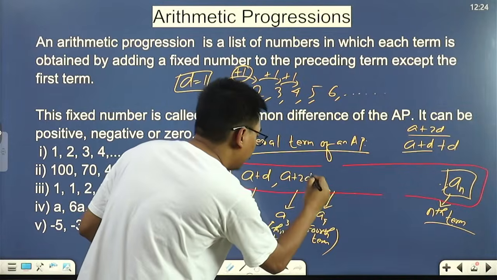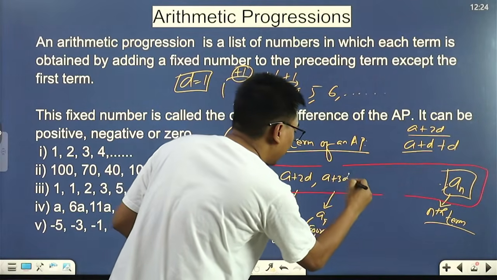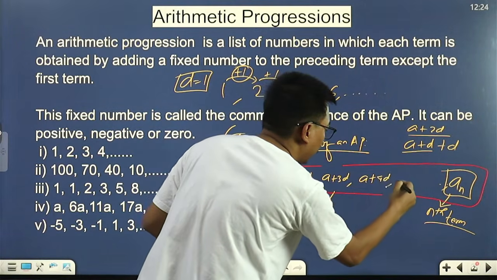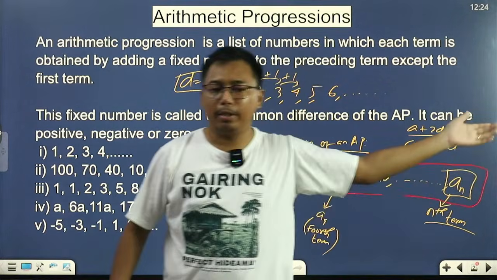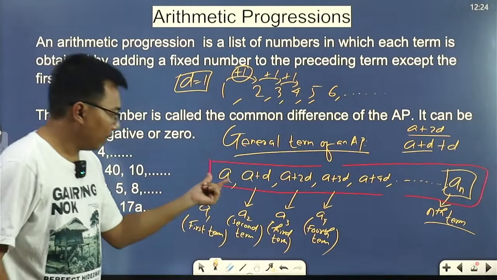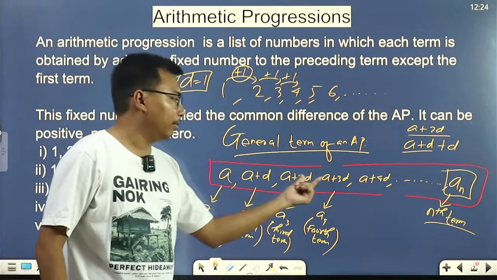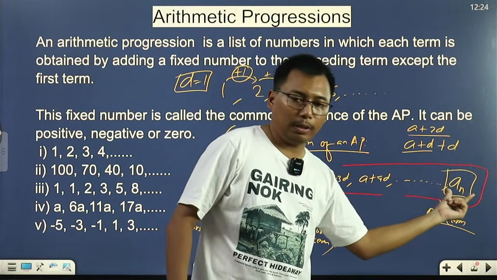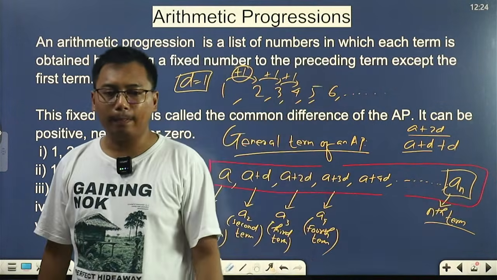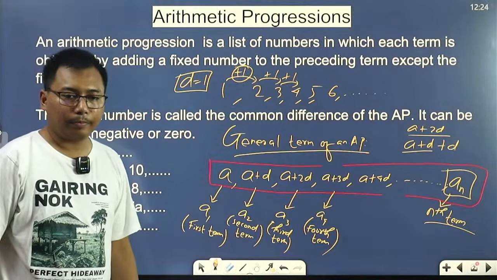A plus 2D, then A plus 3D here, A plus 4D here, and so on. Then A plus 5D, A plus 6D, A plus 7D, A plus 8D, and so on. These are the first, second, third, fourth, fifth, sixth, seventh, eighth terms, and the last one is called the nth term.